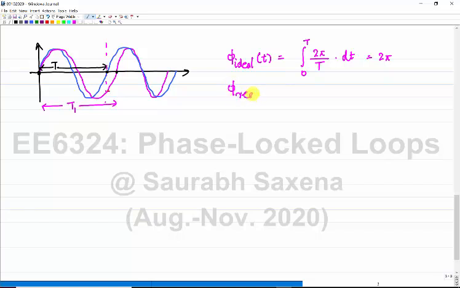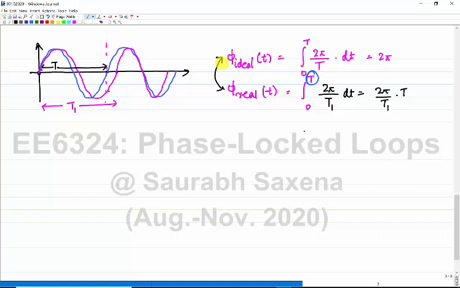And phi real, I am calculating within the same period, but the actual frequency of the real clock corresponds to t1, so you get 2 pi by t1 times t here. Is it correct? So you are going to have a difference between phi ideal and phi real.